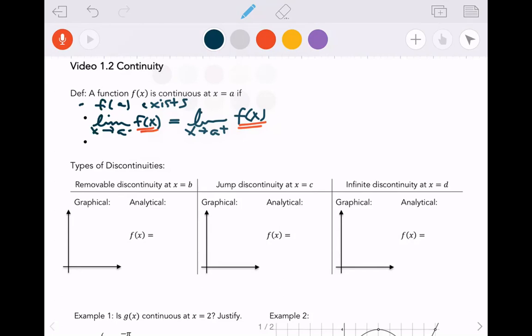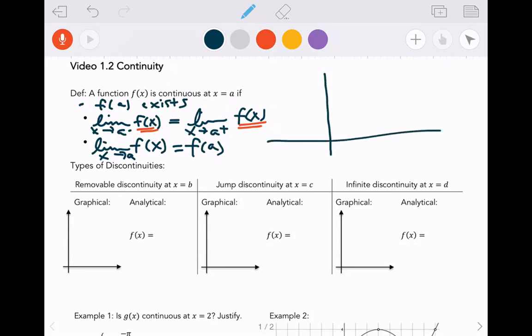Here we go. So also, we have to make sure that that limit, that place that we arrive on the y-axis from both directions, is actually at the same location as that dot in the graph. So let me meet all of those criteria at a specific a value. First of all, f of a is defined, and this is y equals f of x.